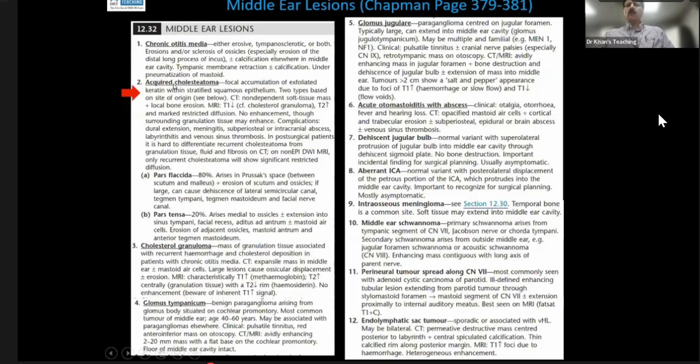Cholesteatomas, of course, can be congenital and they can be acquired. We are talking about acquired cholesteatoma here. And the classical location includes pars flaccida, which is 80%, pars tensa is 20%. Candidate 2, you can see my slide, Chapman slide? Yes. Okay.